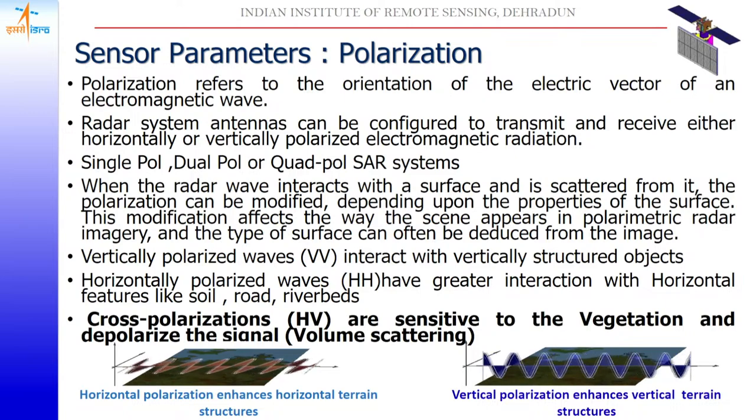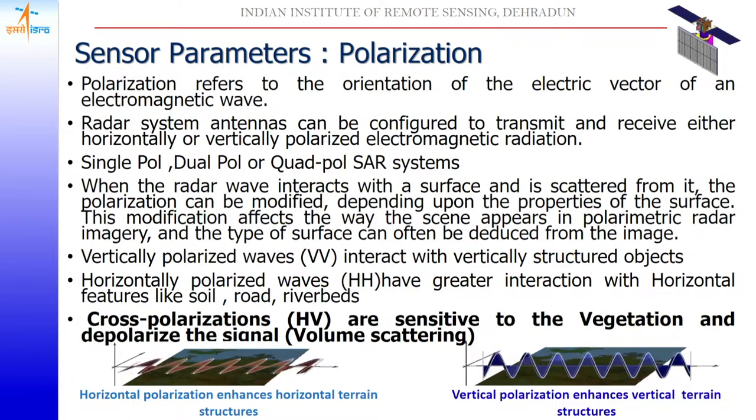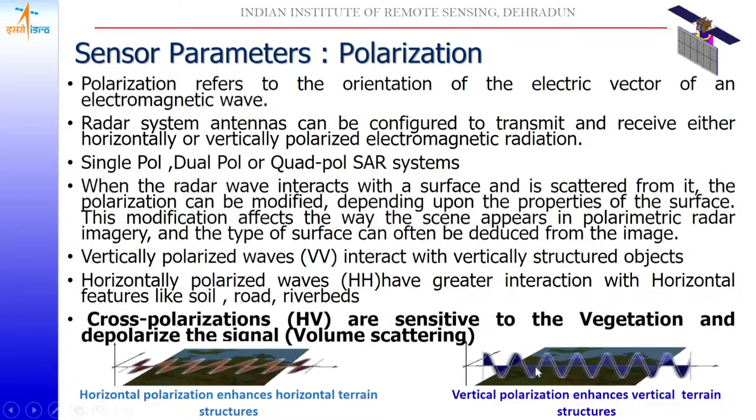So if you want to study vertical, standing objects, you have to use the VV polarization. VV means we send V and we receive V polarization. We use VV for the study of vertical features, because it will enhance the backscatter from the vertical direction, and the horizontal polarization will enhance the backscatter from horizontal features.